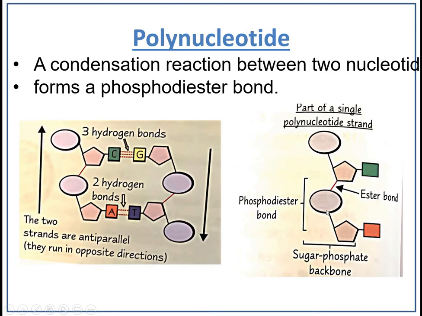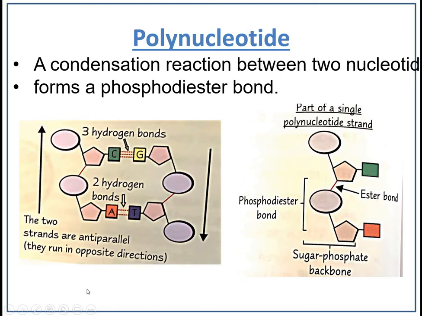So this would be a polynucleotide in which a few of the nucleotides are joined together by a condensation reaction, and because it's got ester bonds repeatedly, it's a phosphodiester bond. And the phosphate groups face outwards and they form a sugar phosphate backbone.